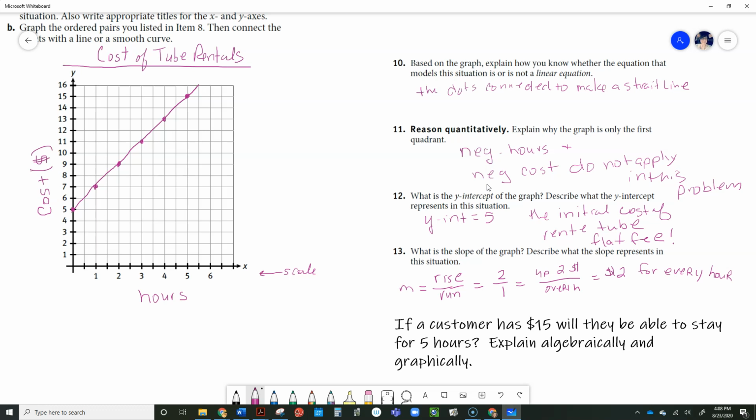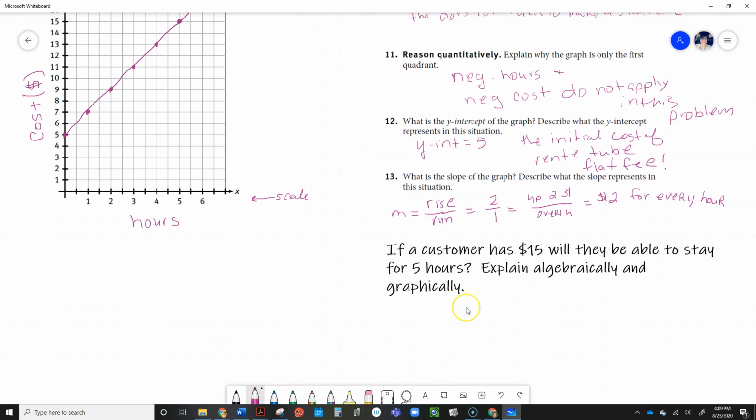Okay, I've added this question. It's not in your Springboard book, but it is on your homework. So I wanted to go ahead and add this question. If a customer has $15, will they be able to stay for 5 hours? Explain algebraically and graphically. So algebraically, we have the equation that we wrote. Remember, we have y equals 5 plus 2x. That was the equation that we wrote, and here is a number of hours.